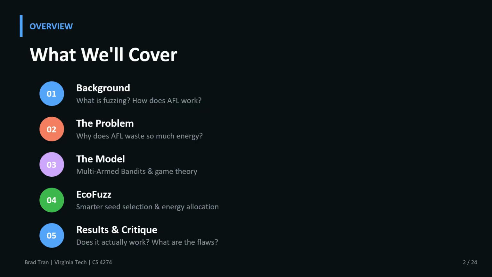After that, we'll get into the theoretical core of the paper. The authors model fuzzing as a variant of the multi-armed bandit problem from game theory, which I think is the most interesting contribution. Then we'll see how they implement that theory into a tool called EcoFuzz. And finally, we'll evaluate the results and discuss some limitations I identified. Let's get into it.